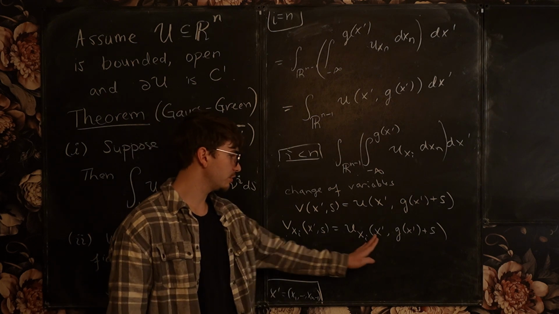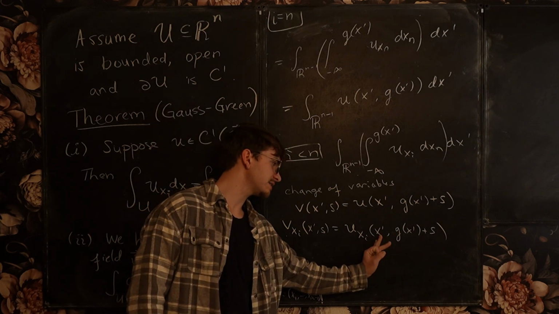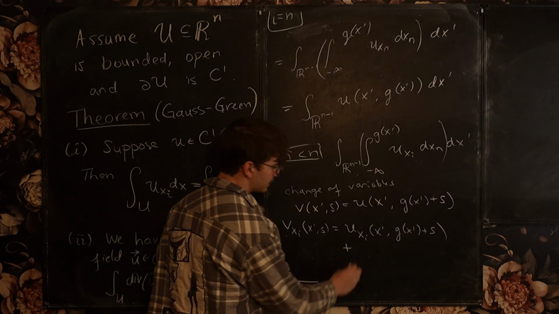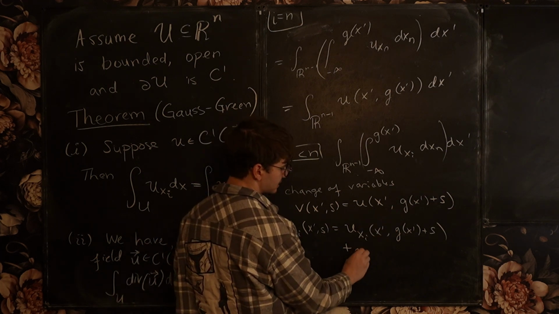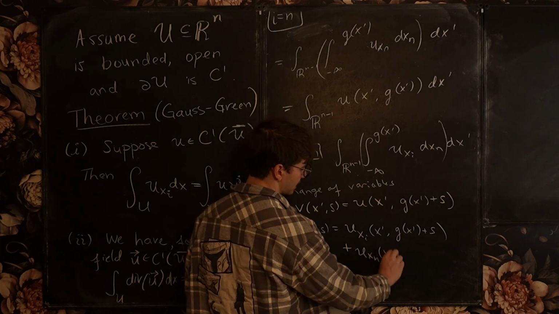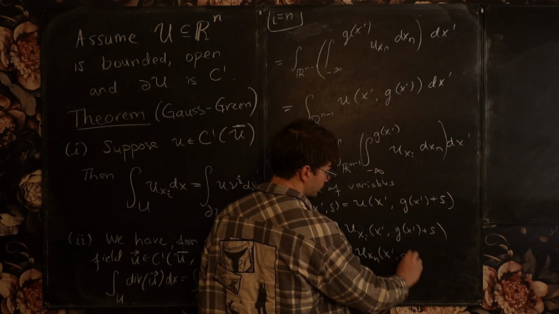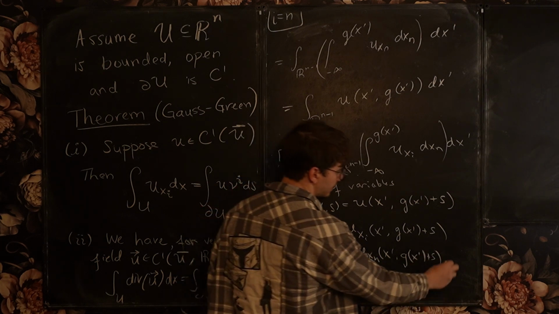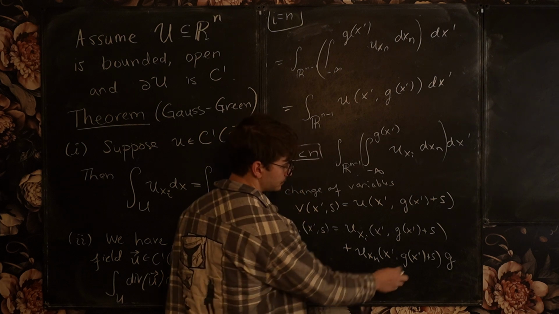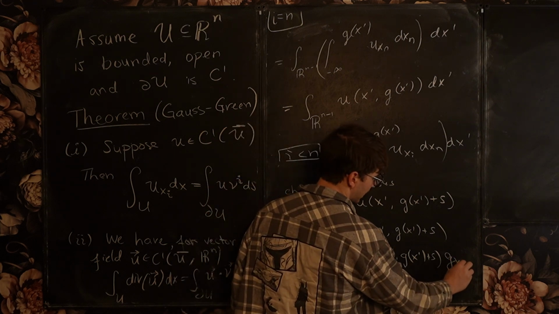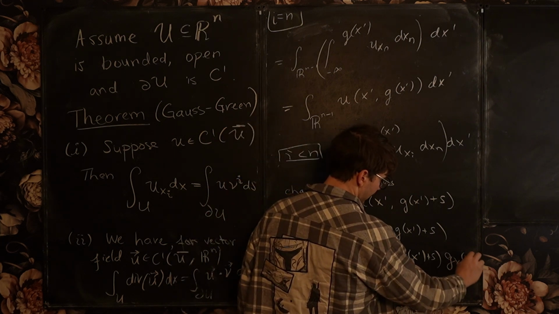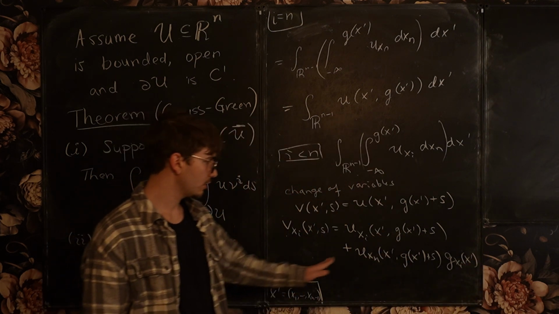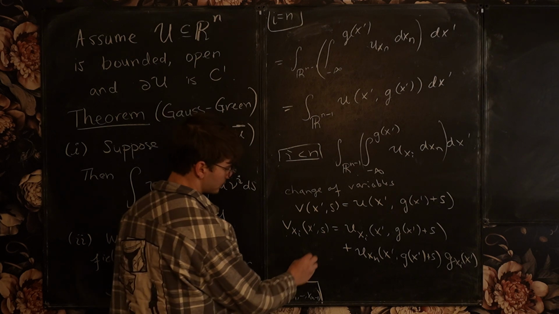So I take the derivative with respect to the xith coordinate and evaluate that. Then I need to add the derivative with respect to the xnth coordinate of this expression, and by the chain rule, multiply this by g of xi of x prime. All right, so this is the chain rule.